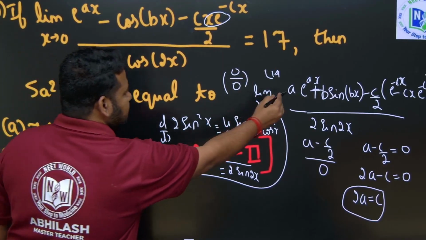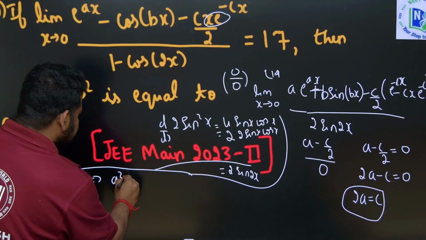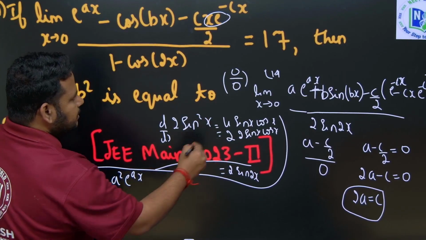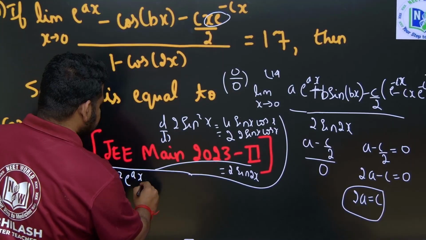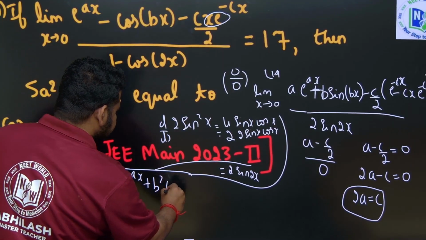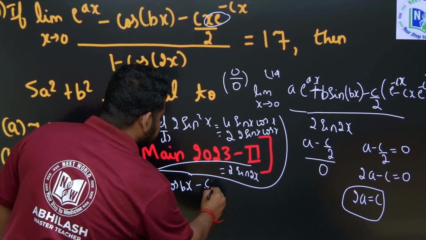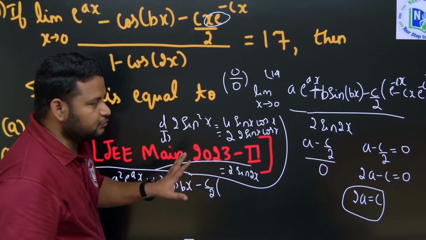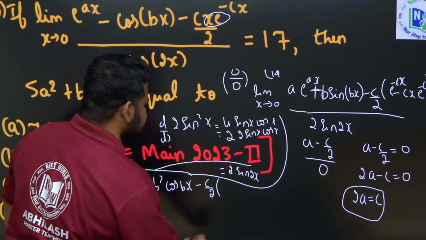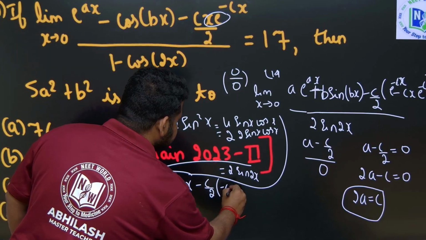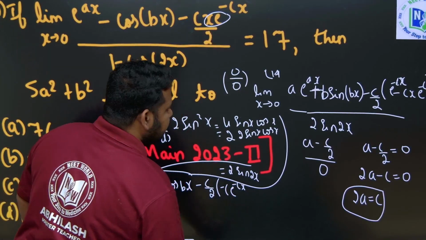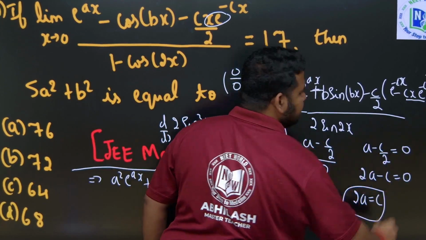If I apply the LH rule again for this, this will become a square into e power ax, plus, derivative of sin bx gives b square cos bx, minus c by 2 will remain as it is. For e power minus cx, I have to apply the product rule again.